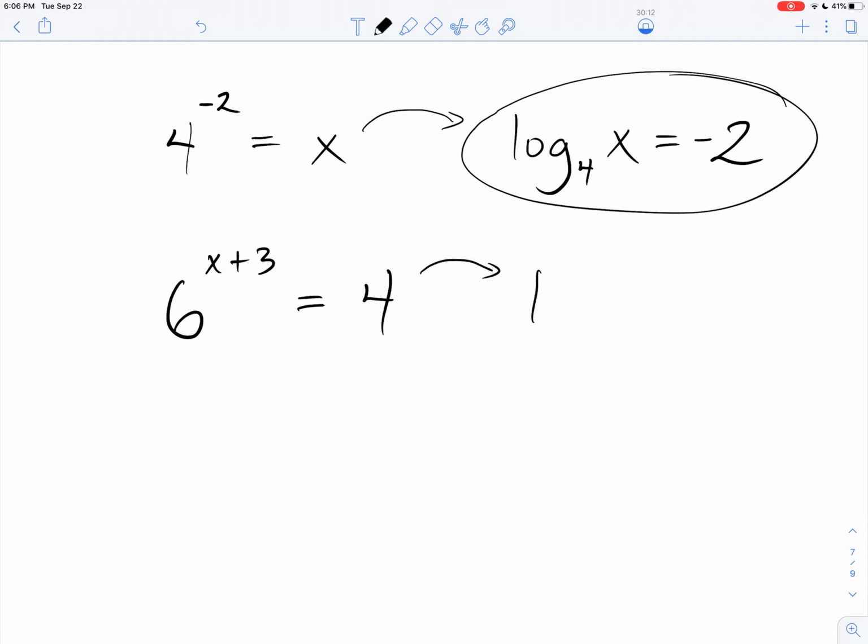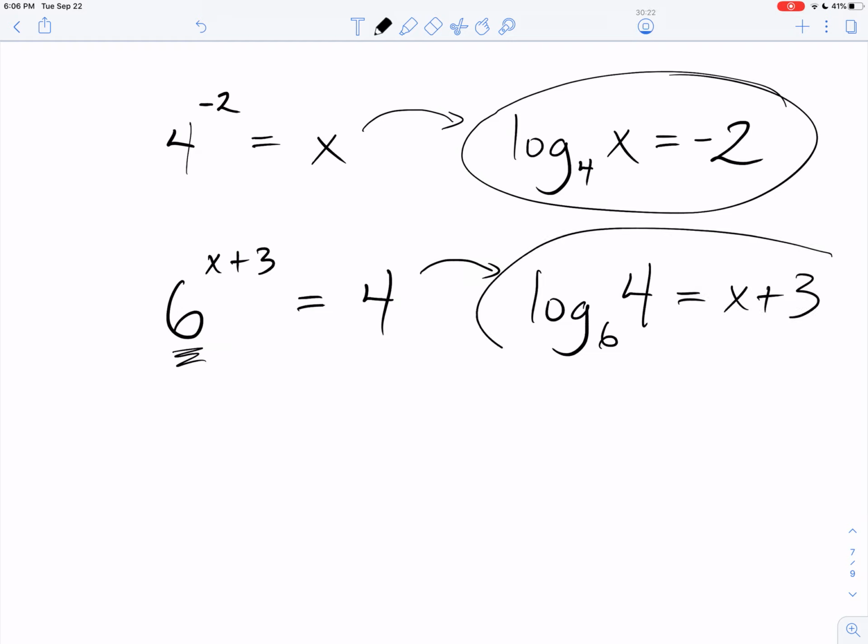This would be log base 6, because that's the base. And then I'd flip-flop. Log base 6 of 4 equals x plus 3. That would be the converted statement. So, the first part of this video was to practice converting. Can you go from one form to the other form?